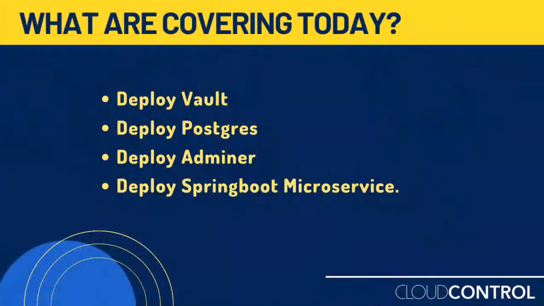We have layered a lot of automation and security constructs, logging and monitoring constructs. That way, each of these templates, like HashiCorp Vault, Postgres, Adminer, Spring Boot, is ready for a higher level of integration with your application.